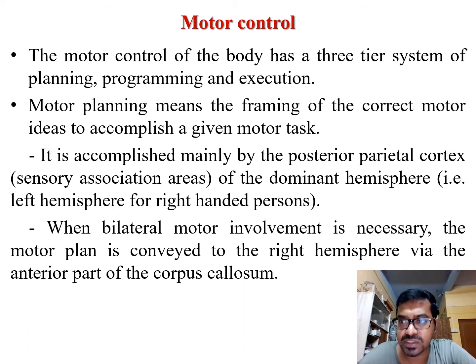If the job involves only one arm or one limb, then there is no need for the corpus callosum as such. But if it involves bilateral movement, then the left-sided hemisphere conveys the idea to the right side through the anterior part of the corpus callosum.